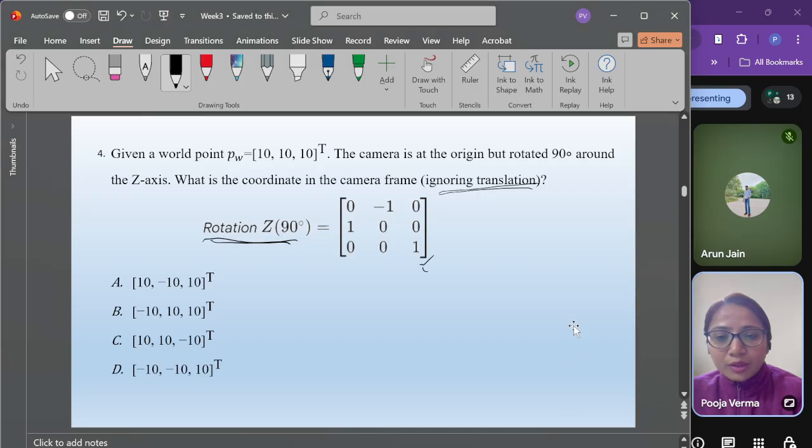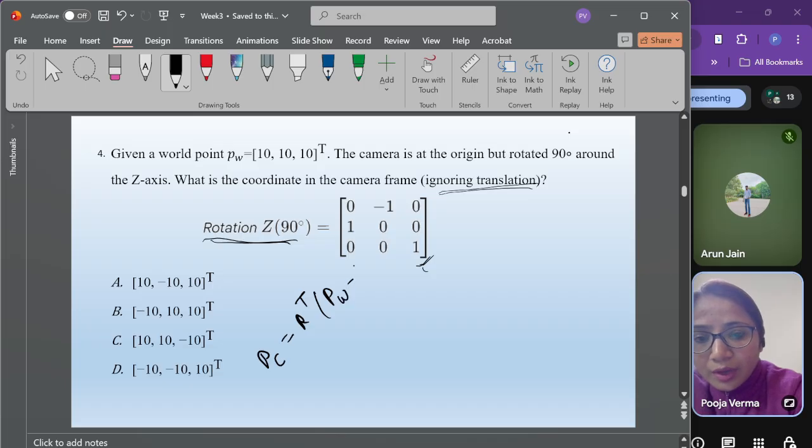Try to solve this question with me. Here the rotation R around the Z axis is given, and the overall rotation matrix is given. So what is the equation relating the point in the camera frame and the coordinates in the world frame? The equation is PC, the point in the camera frame, is equal to R transpose, where R is the rotation matrix, times (PW minus T).